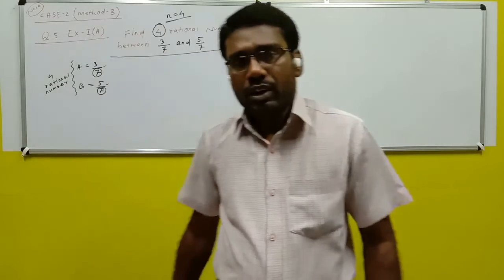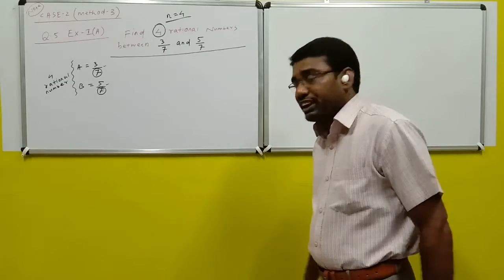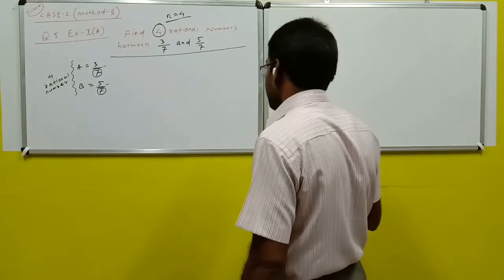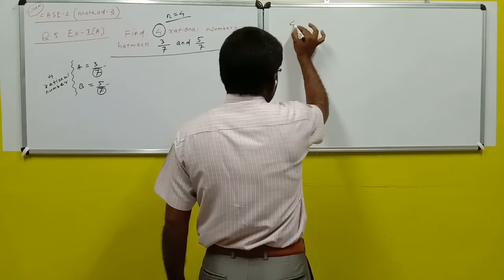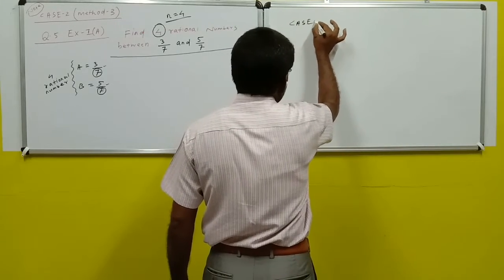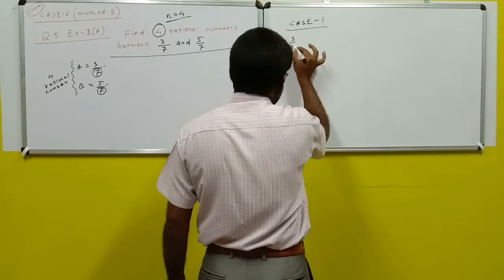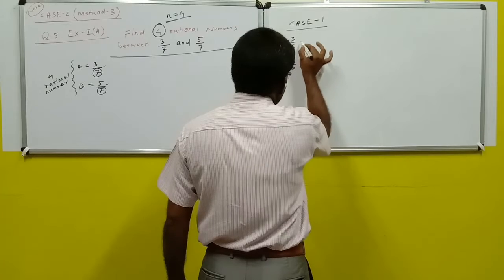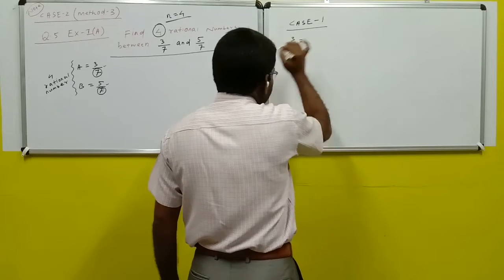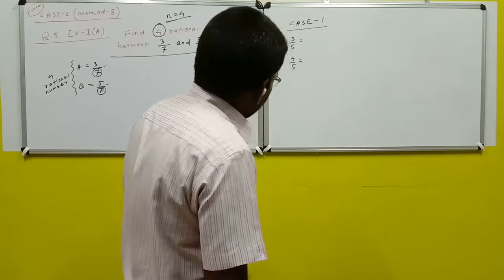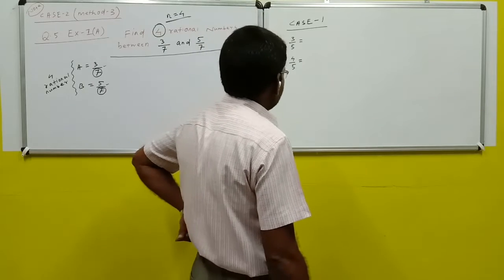Therefore, first remember case 1. Suppose in case 1, the two rational numbers are 3/5 and 4/5. In this case, what did you do?